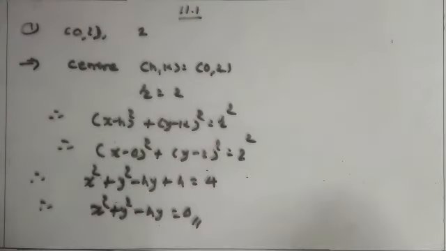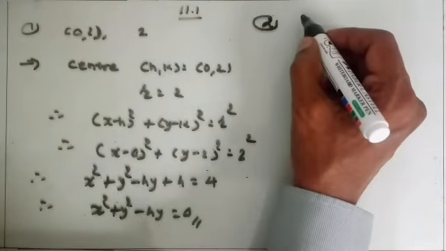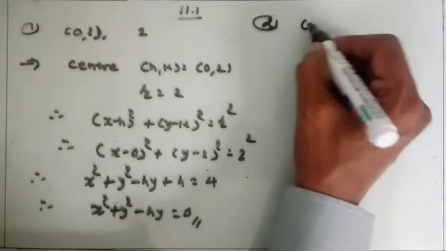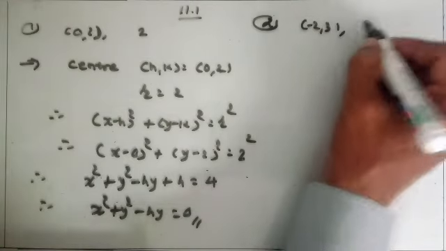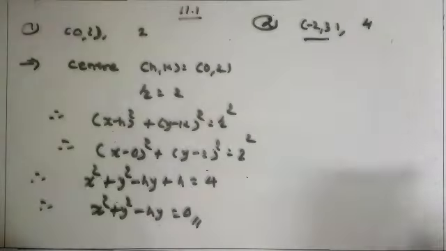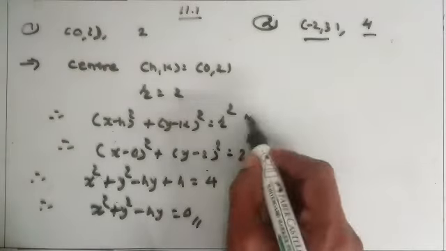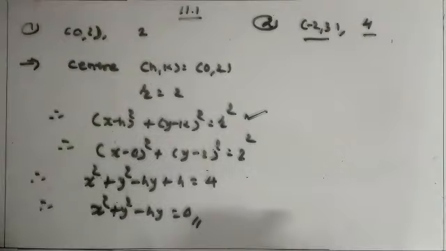Now next, number 2 given. Find the equation of the circle with center (minus 2, 3) and radius 4. Here (h, k) is equal to (minus 2, 3), r is equal to 4. Applying the same method, find the equation of the circle.